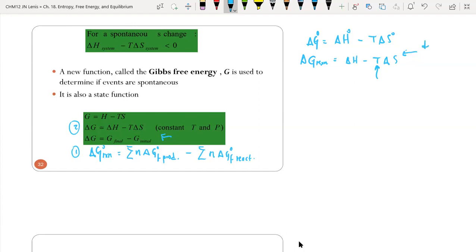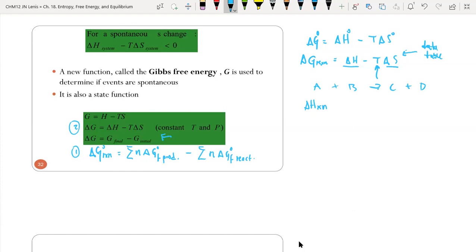And use the data table to find delta H of the reaction. As I showed you before, use the data table to find delta S of the reaction and plug these numbers here to find delta G of the reaction. Most of the time the problems give you a reaction A plus B to form C and D. The problem will ask you to find delta H of the reaction.